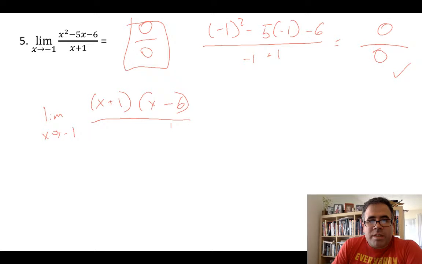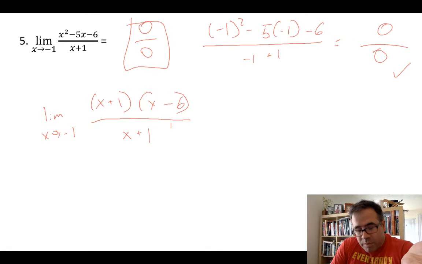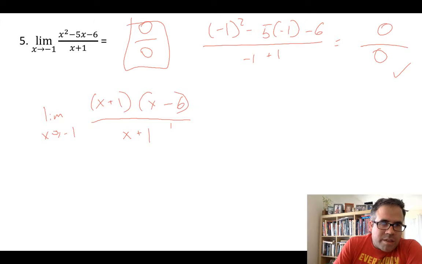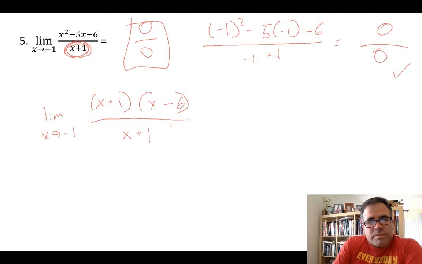Again, if you're doing this on the AP test, since this problem was made by a human being, me, the AP test problems were also made by human beings. You can be pretty certain that the factor in the denominator or numerator, whichever is applicable, is going to be in the other side of the fraction, right?